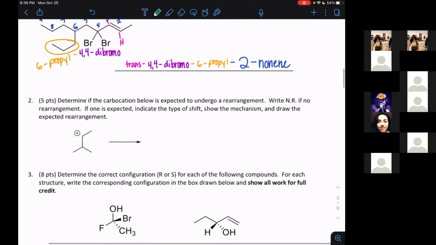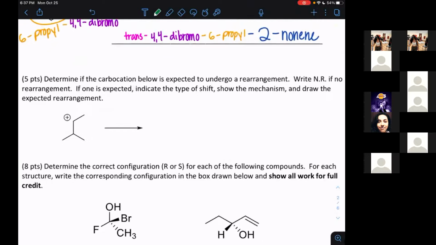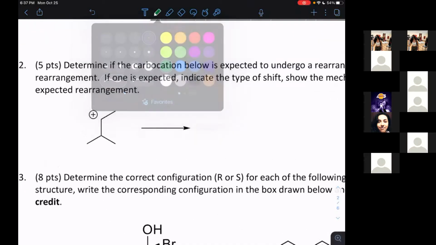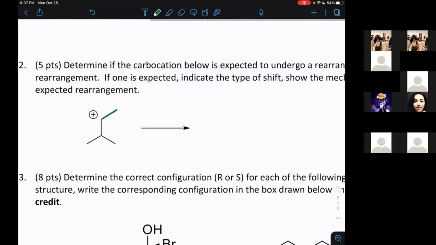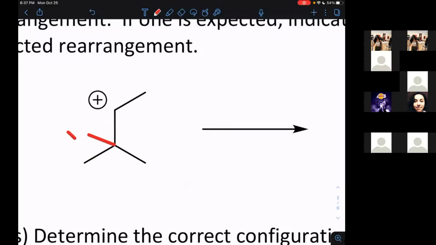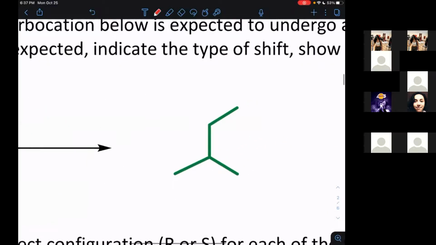So to determine if it's going to do a rearrangement, we should show the mechanism also. So it's going to do a hydride shift. I'll just show it on this side. So the hydrogen just moves over right here. Then you'll have this hydrogen here, which you don't really have to show.